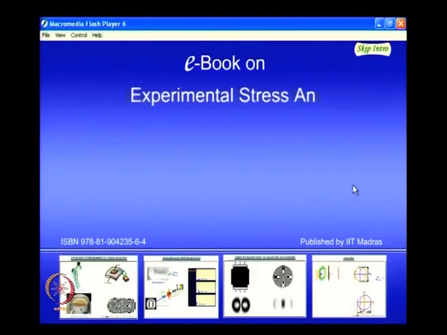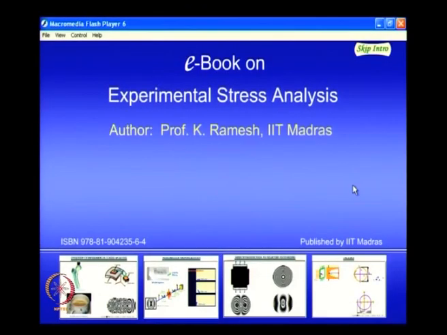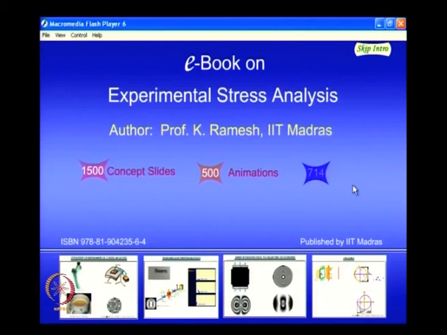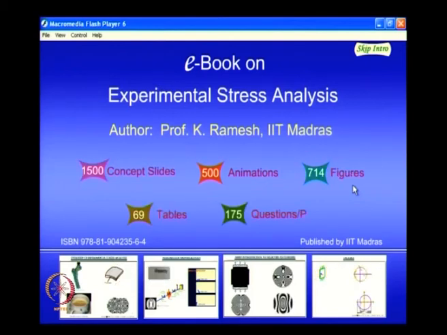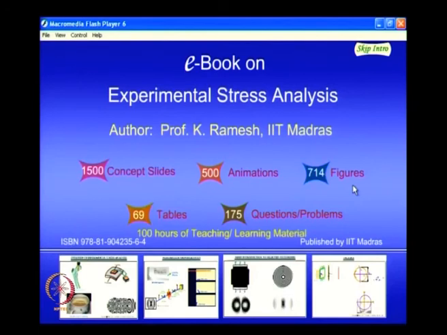And for this course, I would essentially use my e-book on experimental stress analysis. This has been developed at IIT Madras and published by IIT Madras, and this contains more than 100 hours of teaching and learning material.